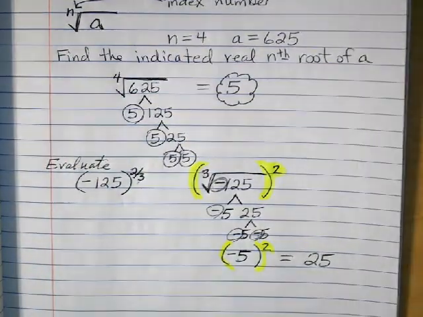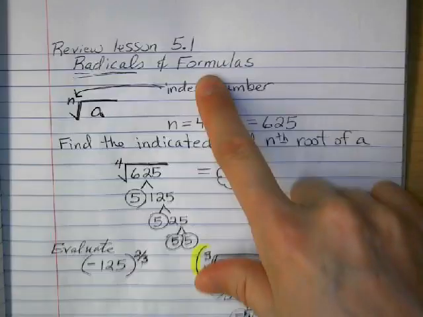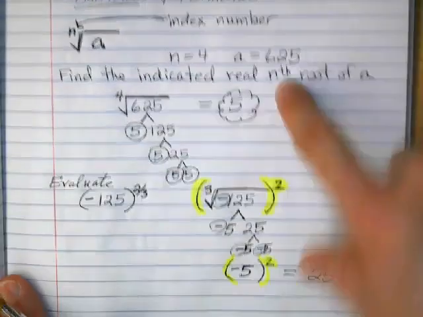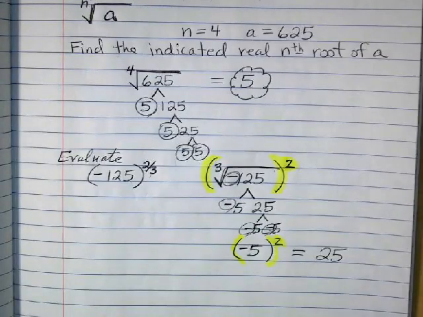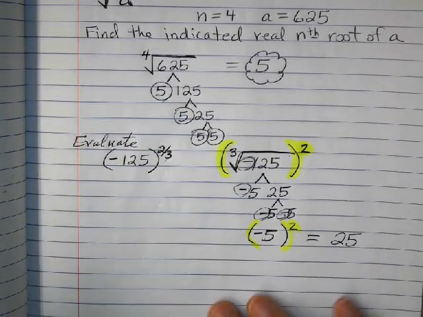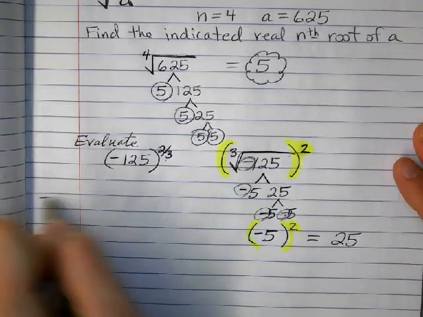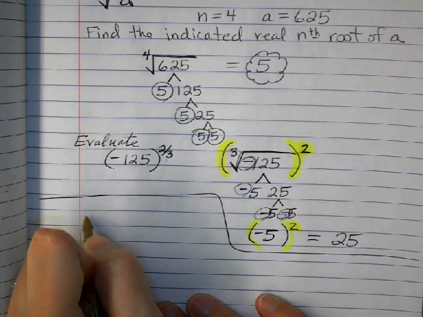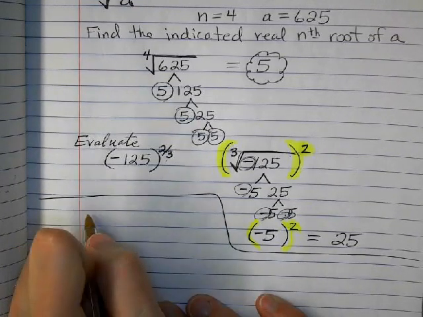Let's see what else. Then we get into formulas. We didn't do any formulas yet. Sometimes you need to know how these roots work so you can solve a problem that involves a formula. They're going to give you a couple problems with shapes on the assignment, and you have to know the formulas.